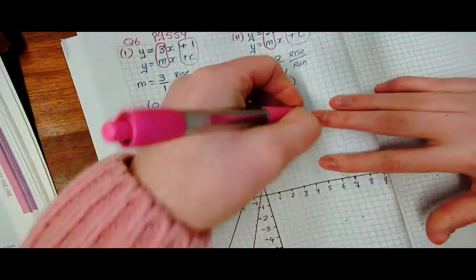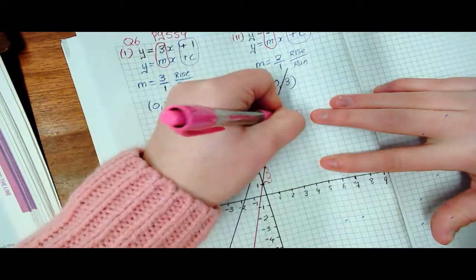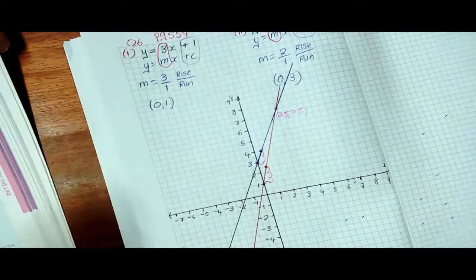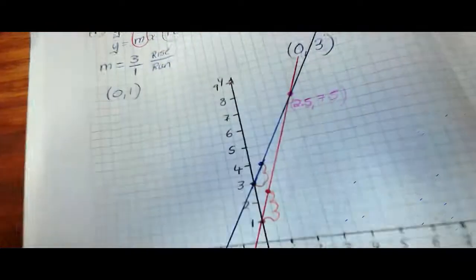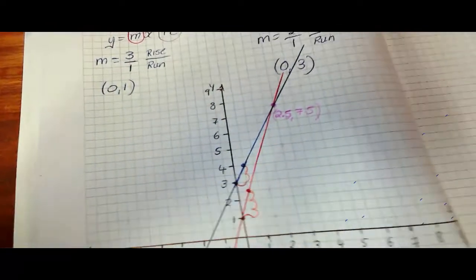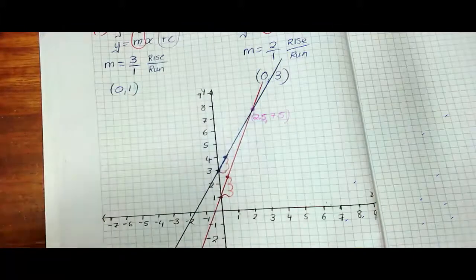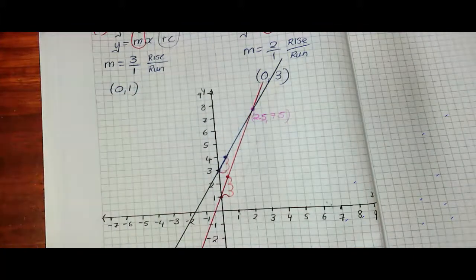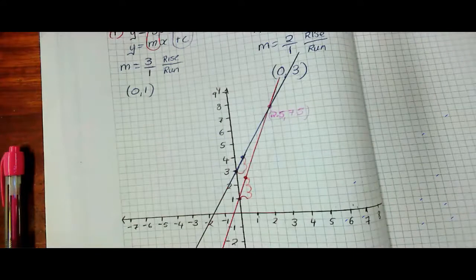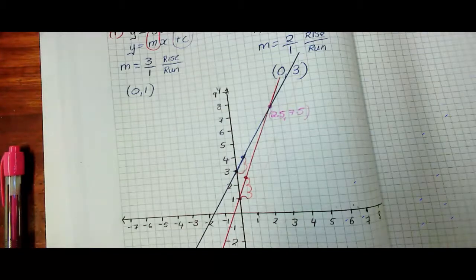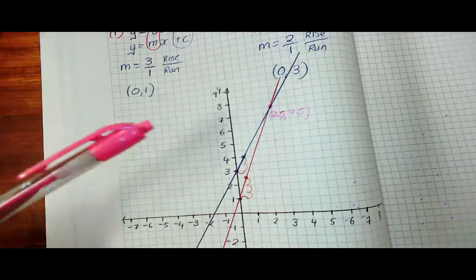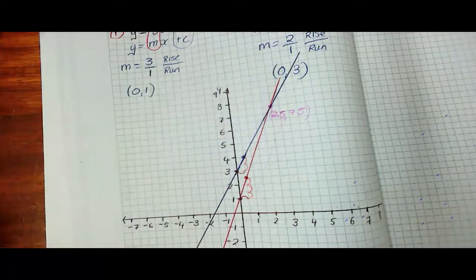So 2.5 and 7.5 is where they intersect, okay? Hopefully you all got in and around those points, so hopefully we all got something similar. It might intersect even a little bit before that, so you might have got a slightly smaller value there, okay?